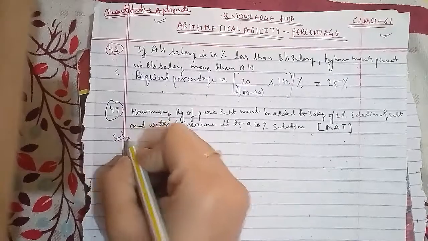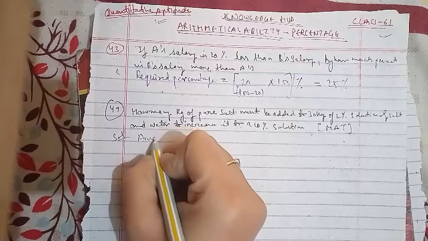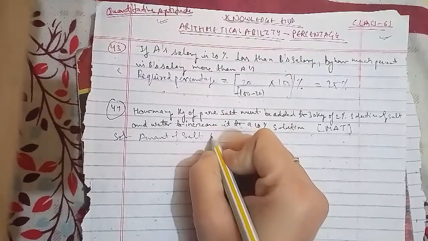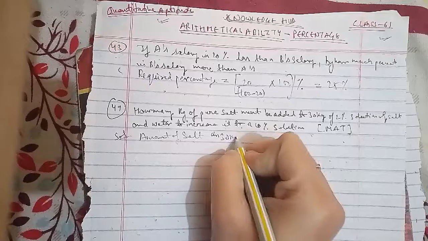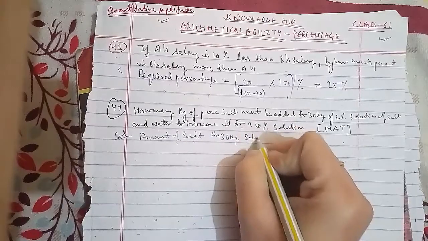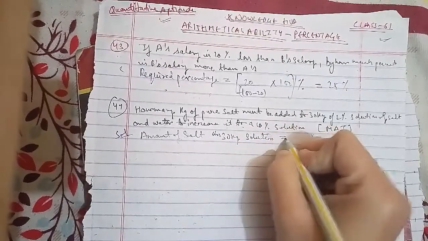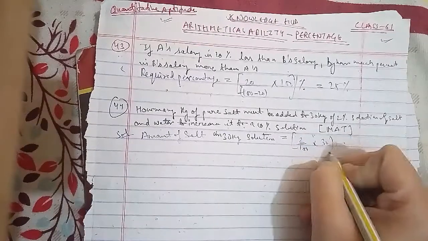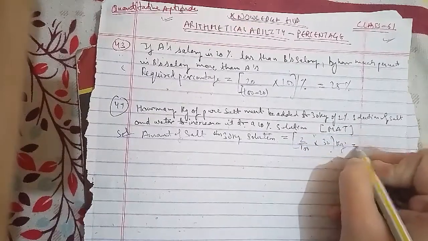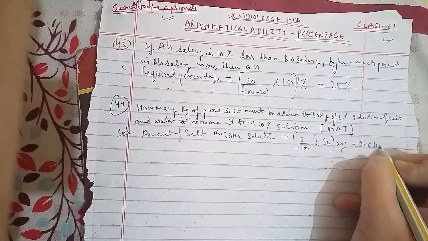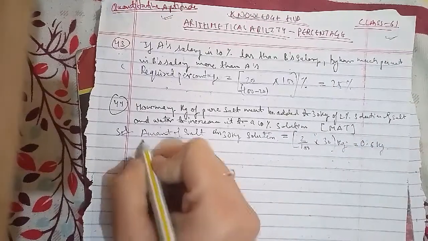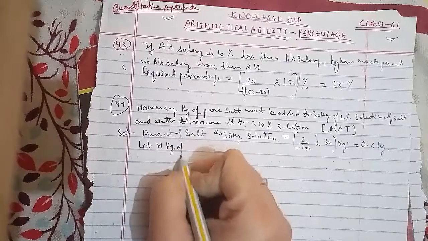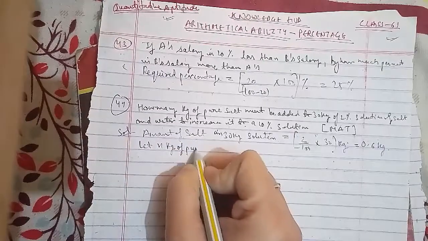Here, the amount of salt in the 30 kg solution is equal to 2 upon 100 into 30 kg, which is equal to 0.6 kg. Let x kg of pure salt be added.